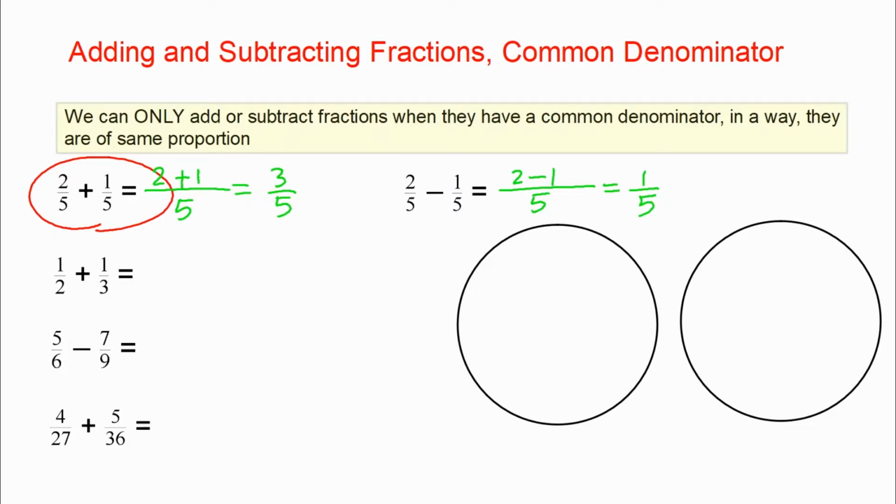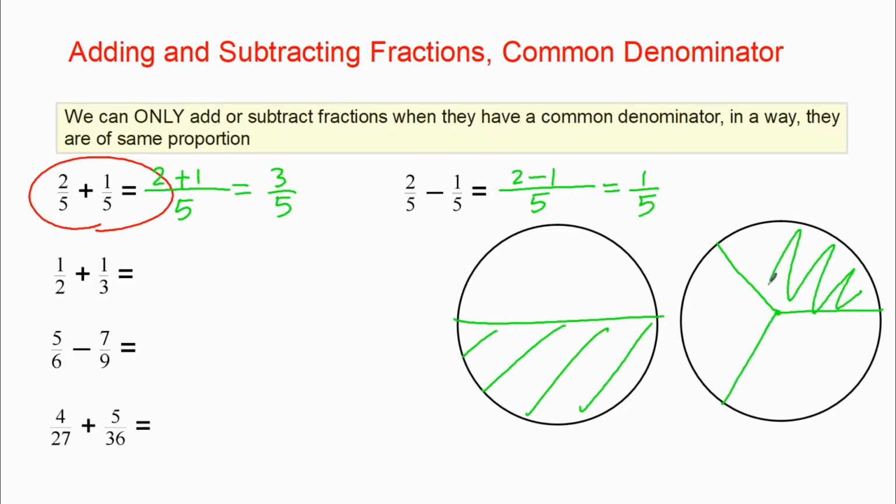So I'm just going to again divide these. 1 over 2, so this would be 1 over 2 in here. And then that is plus 1 over 3. So 1 over 3 in here is somewhere around here. So this is that, and 1 over 3 is one of these sections.